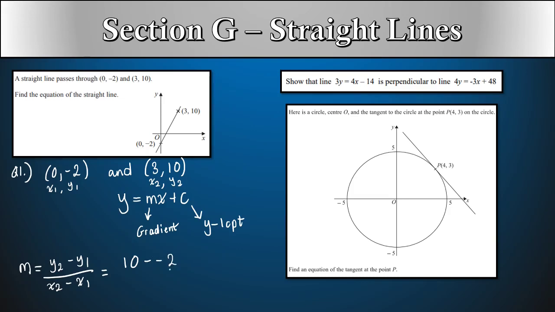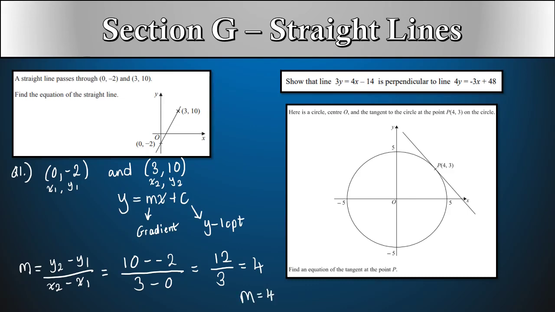So this is 10 minus minus 2, so we have to be very careful there when we calculate that. And then x2 is 3, and we minus 0, so that would just be 3. So 10 plus 2 would be 12. 3 minus 0 is 3. So 12 divided by 3 is 4. So my gradient is 4.